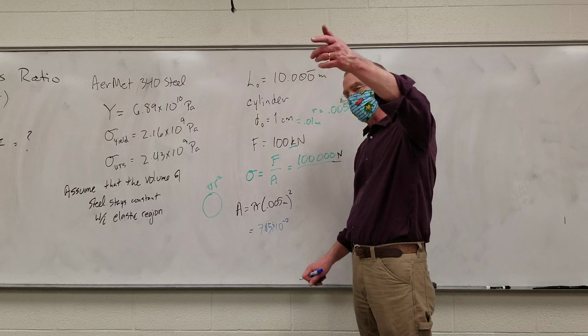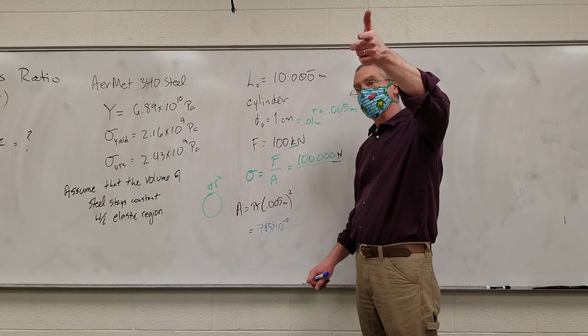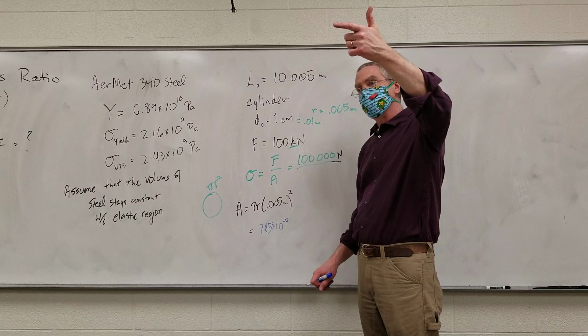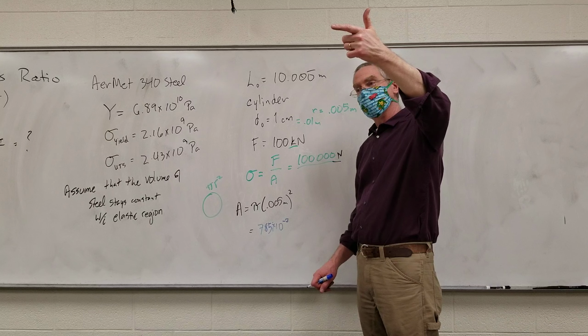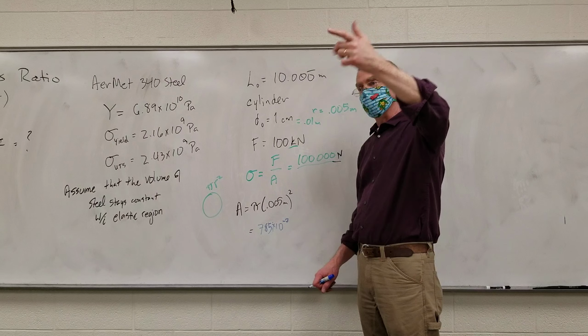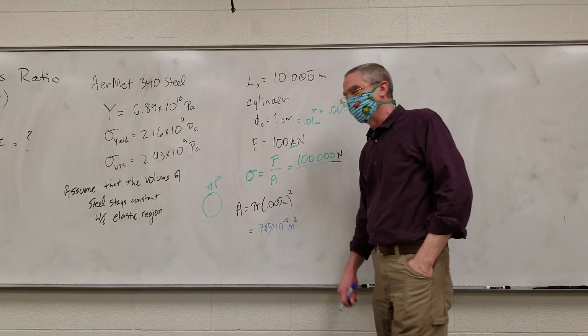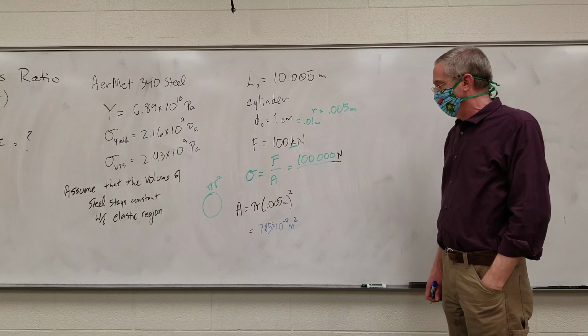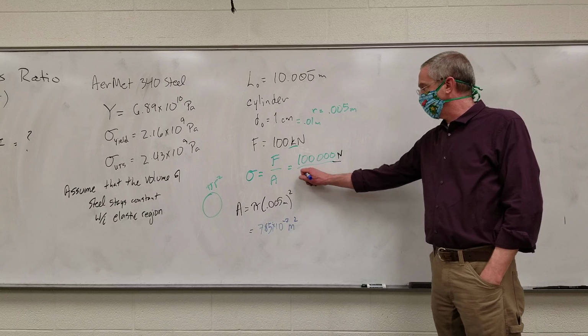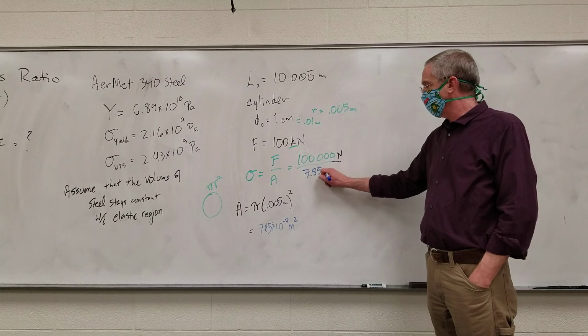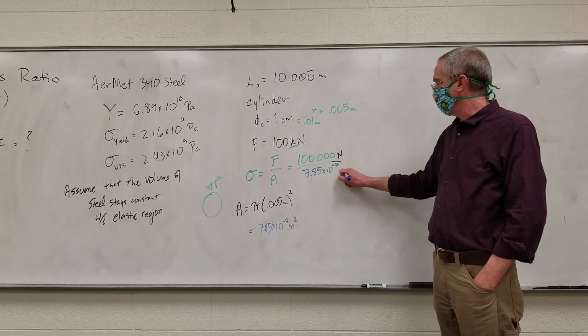I think somebody just corrected it. Units? Meter squared. You corrected yourself. Meter squared. So I have 7.85 times 10 to the negative 7th meter squared.